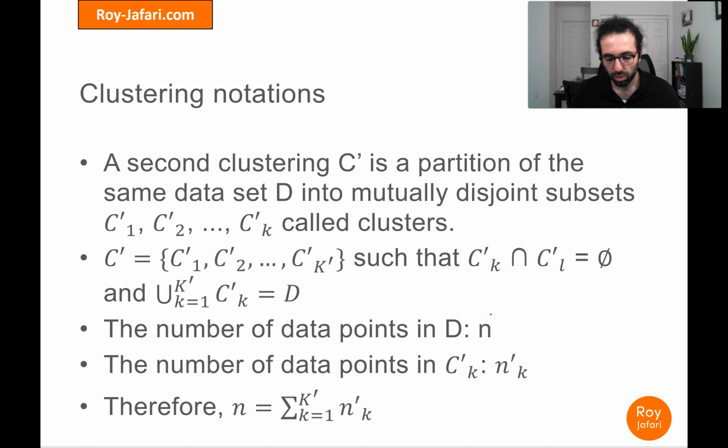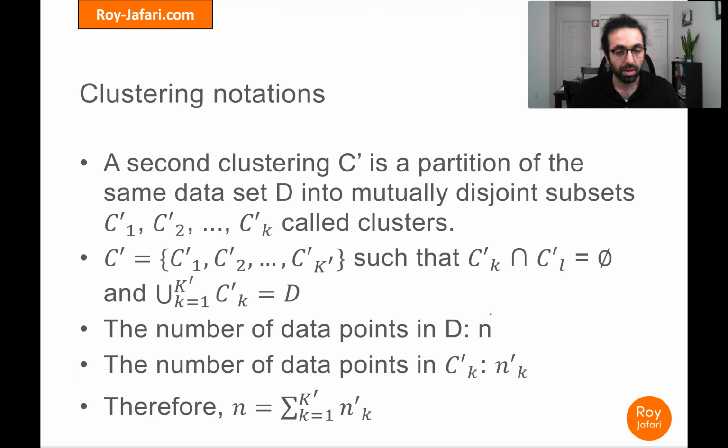So here we are going to also be using another clustering. Pay attention, we're going to compare a clustering outcome to another clustering outcome. So we've got C with all of the notations that we talked about. Now we are also going to have C prime with very similar notations. C prime has C prime 1, C prime 2 to C prime K prime clusters.